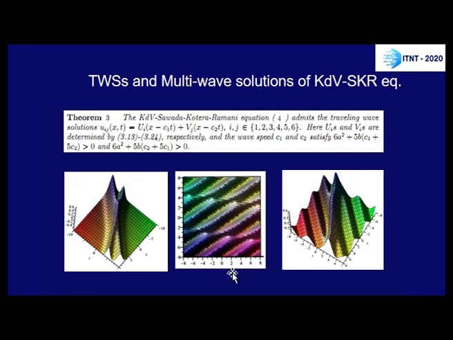In the second graph, we choose U and V as periodic waves. And in the third, if we choose one as a solitary solution and the other as periodic, we get a solution like this. So by this method, we get plenty of traveling wave solutions.